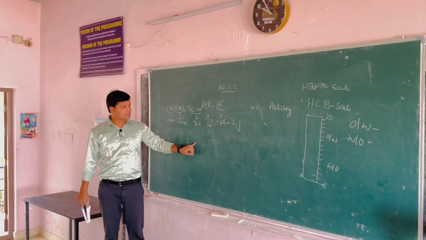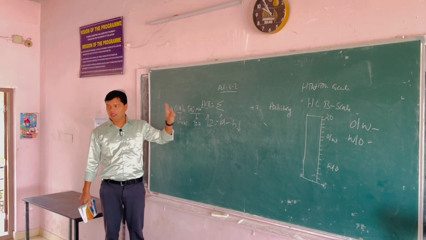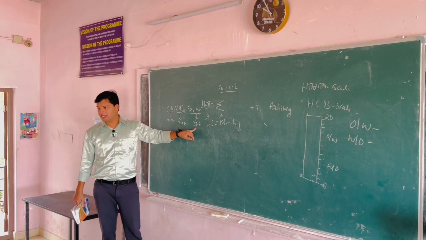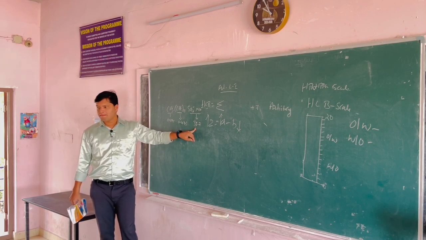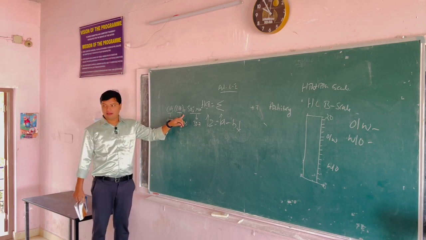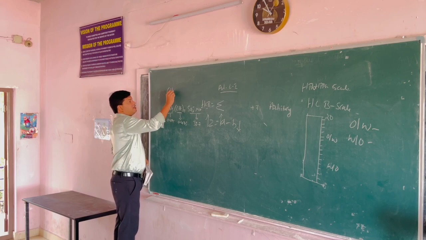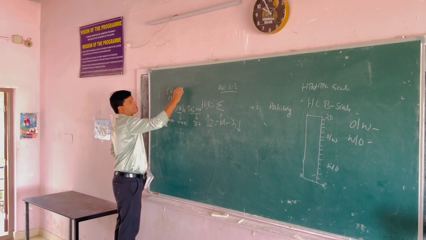How will you calculate? HLB is equal to sum of hydrophilic. How many hydrophilic groups are there? Only one. So you write this number 38.7 minus how many lipophilic groups are there? 11. See, CH3 one number is there, CH2 same number is there.